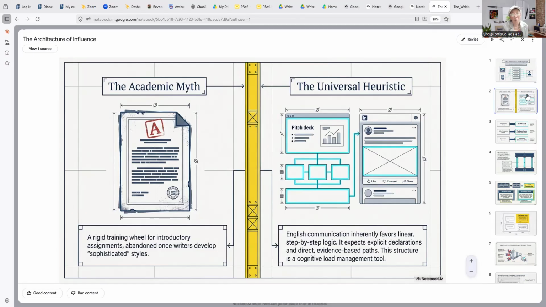It can be used for a wide variety of purposes. It's a universal heuristic. English communication favors linear step-by-step logic, and it expects explicit declarations and direct evidence paths. In other words, in English, you make a claim, you got to back up that claim with credible evidence.